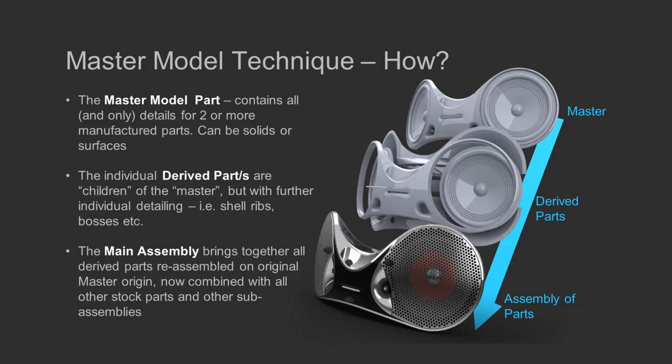You want to keep those derived components parametric to the main form. Then all of it is reassembled into a main assembly, and the components can be detailed and drawings can be created. It's a very successful method for how consumer product designers work.